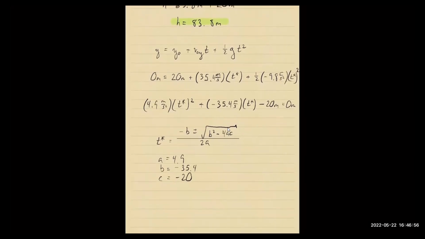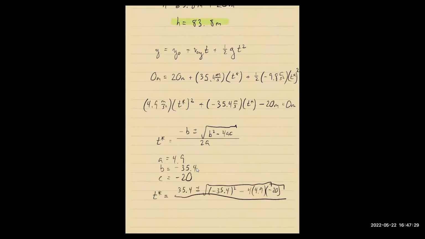So we have t star equal to minus b, so minus negative 35.4 or positive 35.4, plus or minus the square root of b squared, so minus 35.4, we're going to square that, minus 4 times a times c.